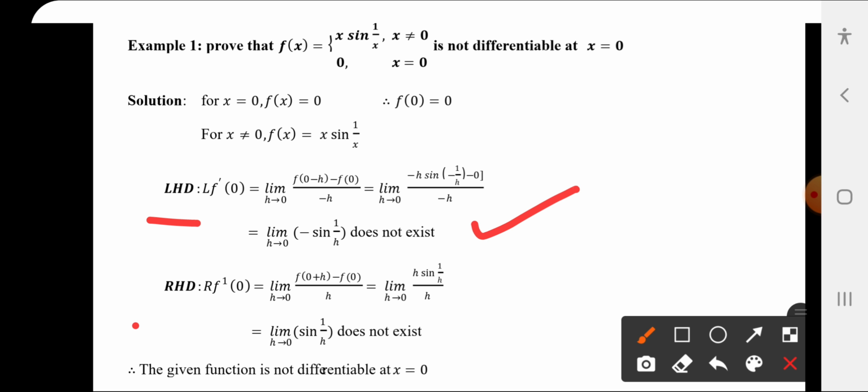And the right hand derivative, the limit as h tends to 0 of sin of 1 by h, does not exist. Both do not exist, and hence the function is not differentiable at x equal to 0.